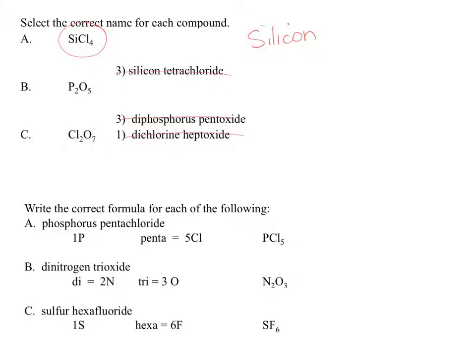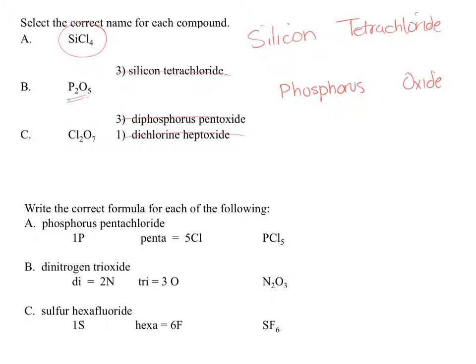Si is silicon. Cl is chlorine, which changes to chloride, but there are 4 of them. So silicon tetrachloride. Mono, again, is assumed. P2O5. P is phosphorus. Oxygen changes to oxide.